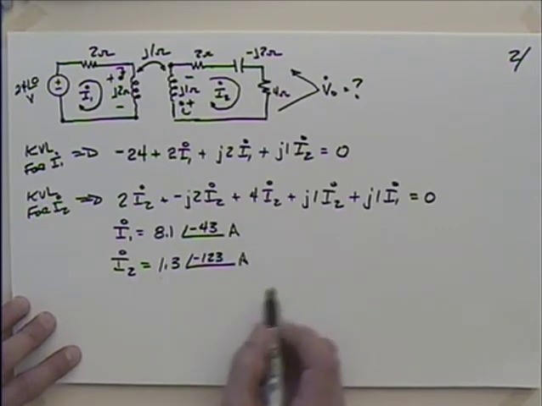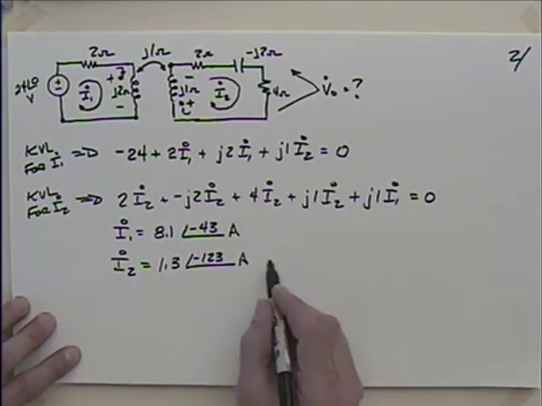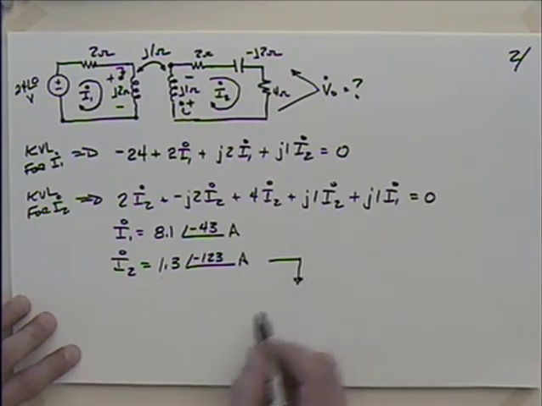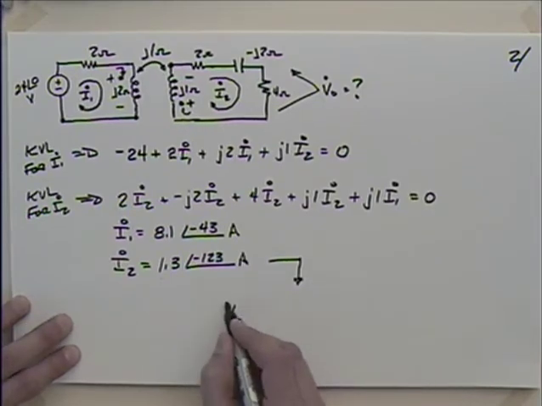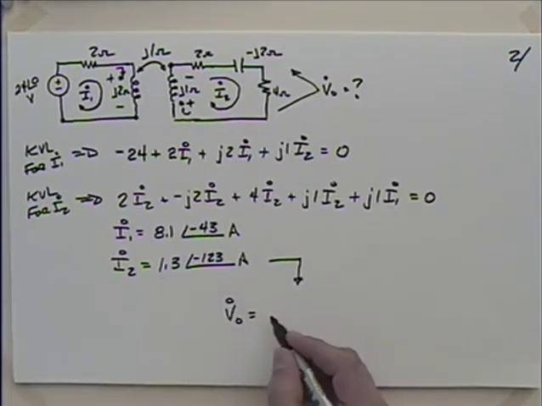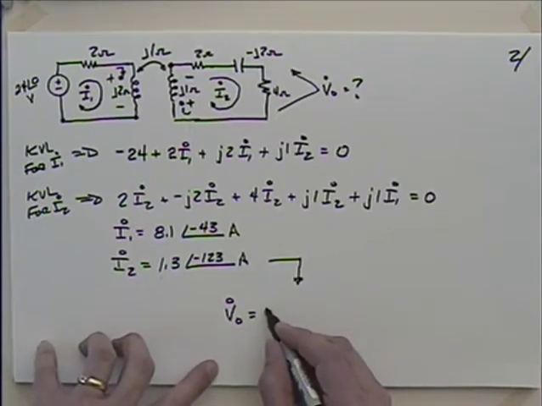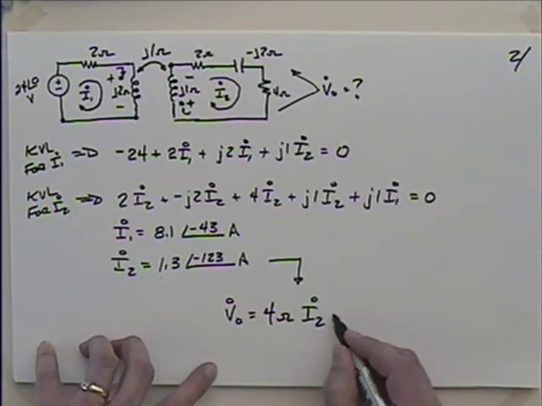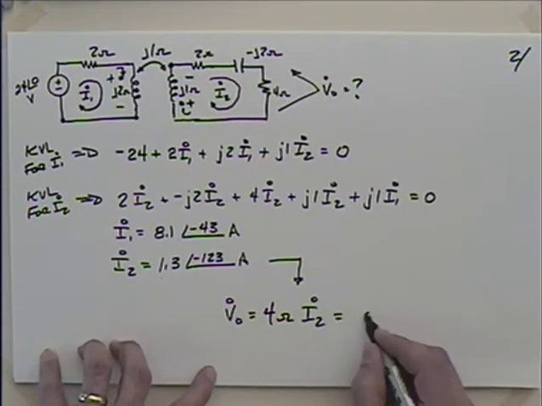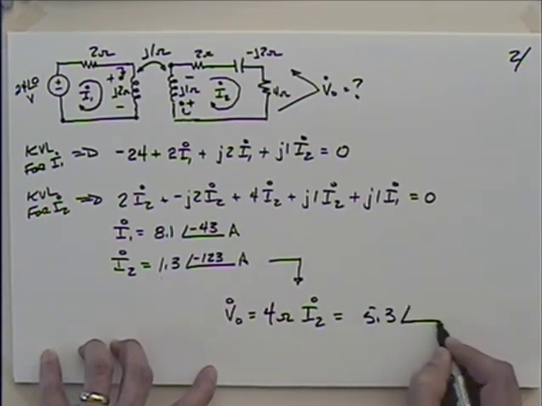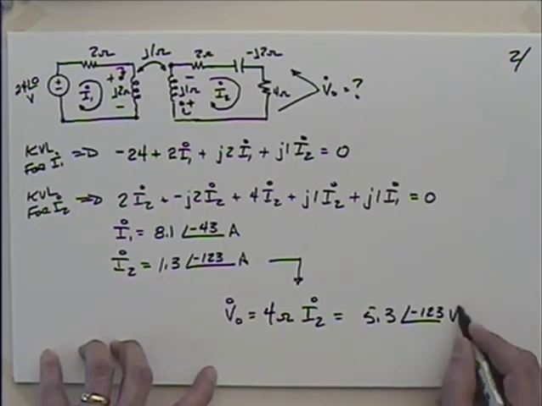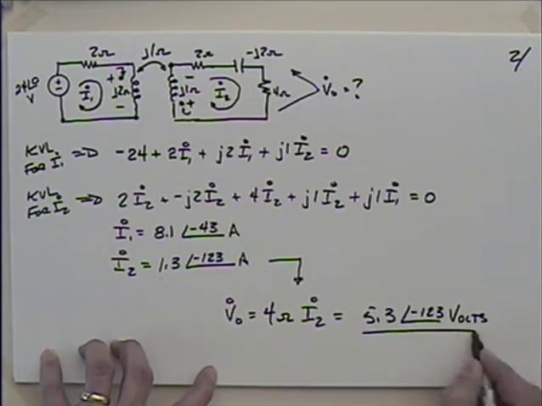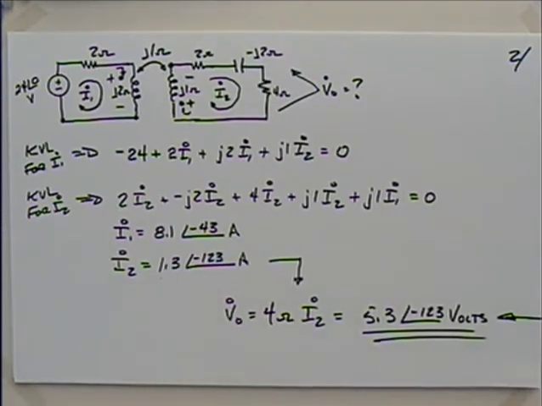And that's amps also. So that's the big deal, because then with that, I can say that V0, which I'm looking for, is equal to 4 ohms times I2, right? So when you run the numbers on that, you get 5.3 at an angle of, should be the same angle, minus 123, and that will be volts, not RMS. Okay?